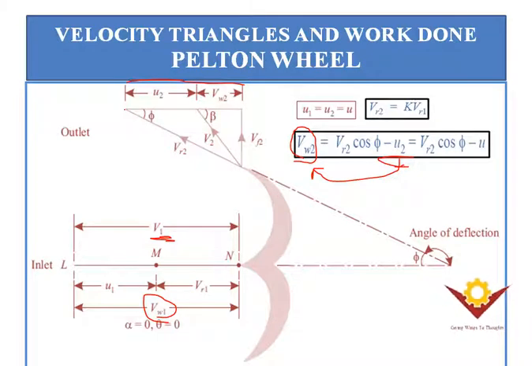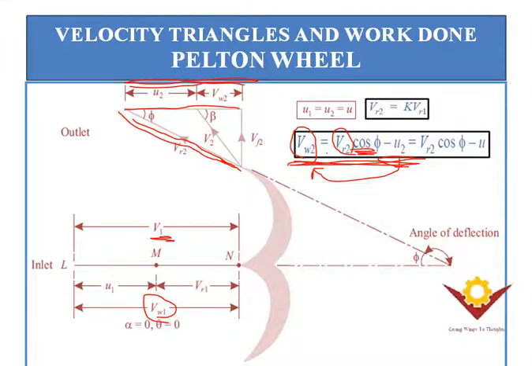From this total triangle, this is your adjacent side, VW2 plus U2, and Vr2 is your hypotenuse. Now what is cos phi? VW2 plus U2 divided by Vr2, right? If you simplify that, you get VW2 equals Vr2 cos phi minus U2.